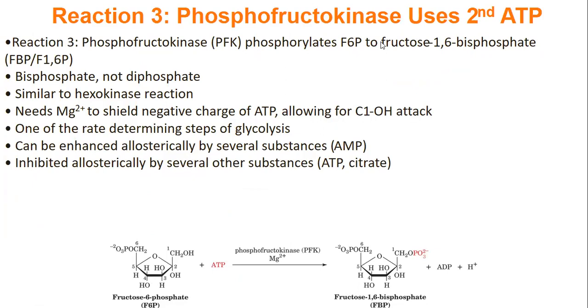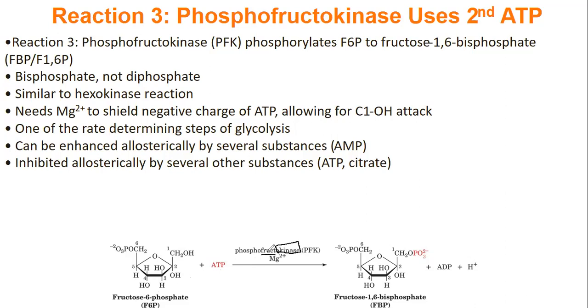Our next reaction uses a kinase. Again, the easiest way to really learn this stuff and to help you in the future is to look at these enzyme names and break down what they mean, right? So phosphofructo, well, fructo is what we're working with, fructose.